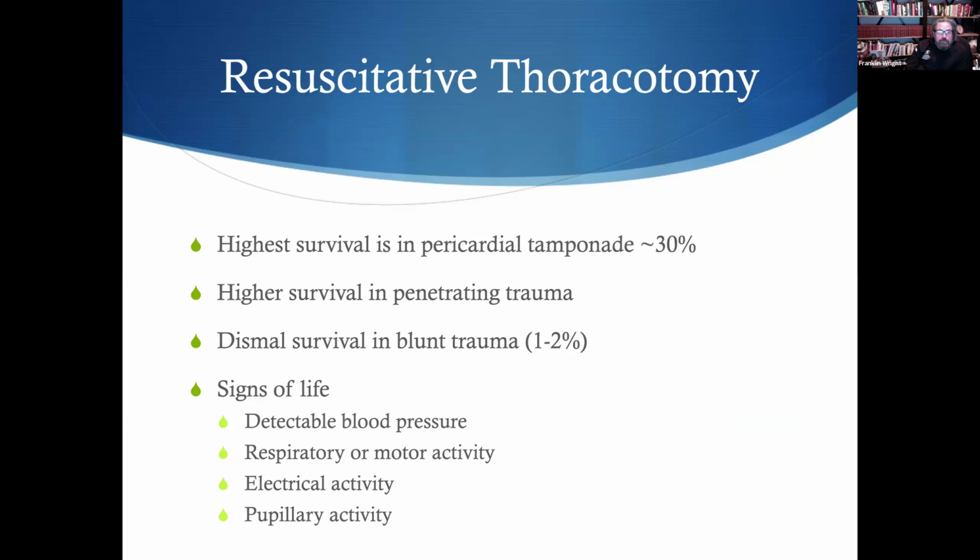One of the key concepts that comes up in resuscitative thoracotomy is signs of life. When we say signs of life, we mean any detectable blood pressure, whether by palpation or some kind of a reading, but a palpable carotid pulse is a good marker. Any respiratory or motor activity counts: even agonal respirations, any spontaneous movement, or movement to behavioral stimuli.